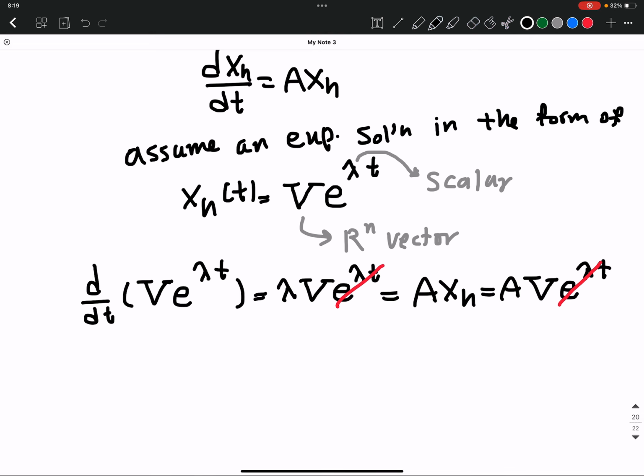So what do I get here? I get a very interesting formula, and that is, if I assume this, A v equals lambda v. Now we get back to an eigenvalue equation.